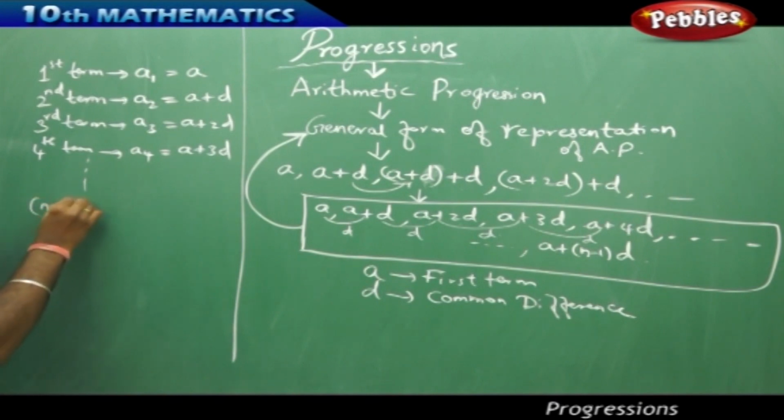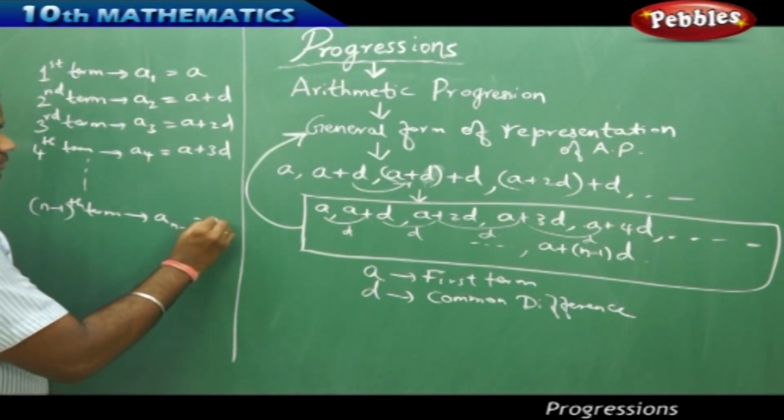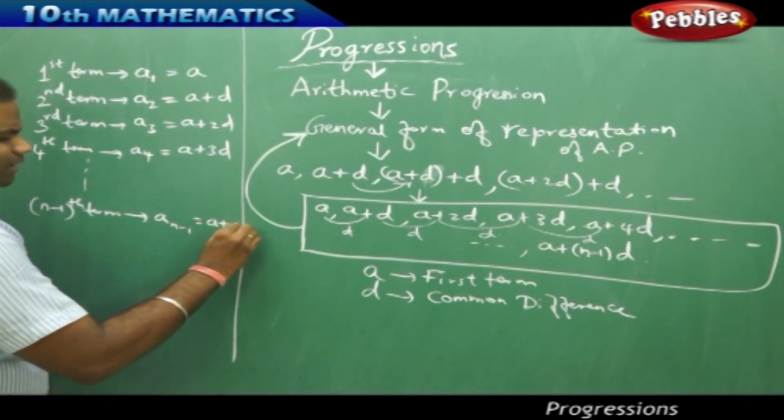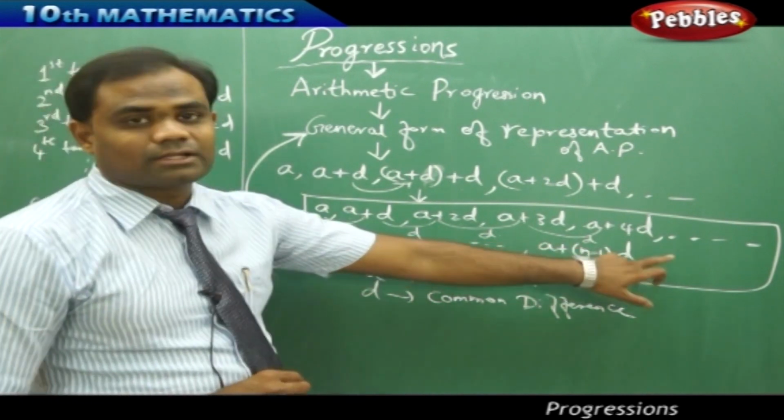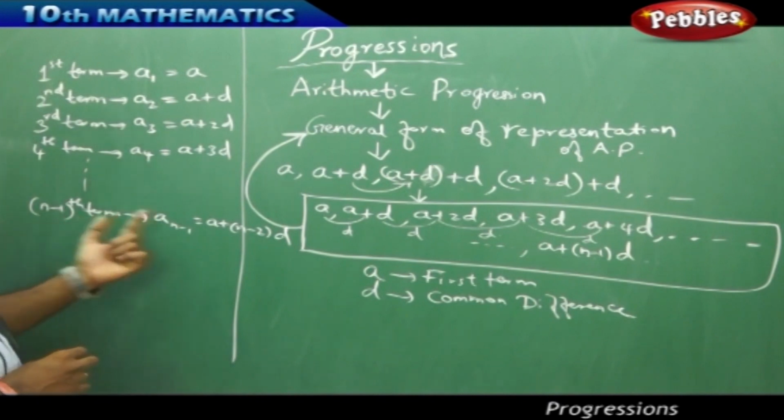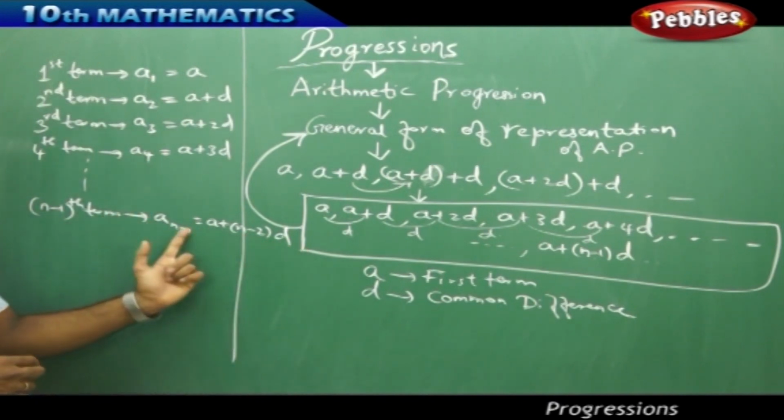My n minus 1th term, denoted by a n minus 1, will be a plus n minus 2 times d, because my nth term is n minus 1 times d. So my n minus 1 term is a plus n minus 2 times d.